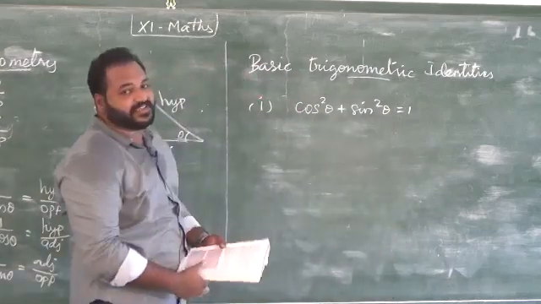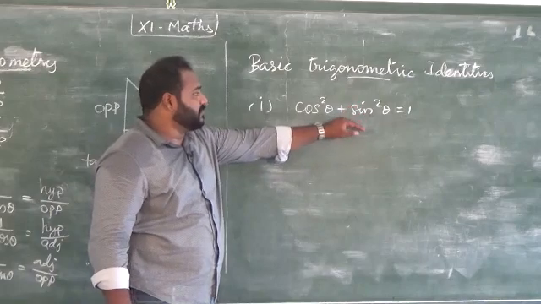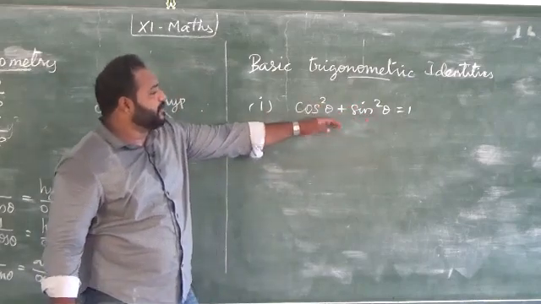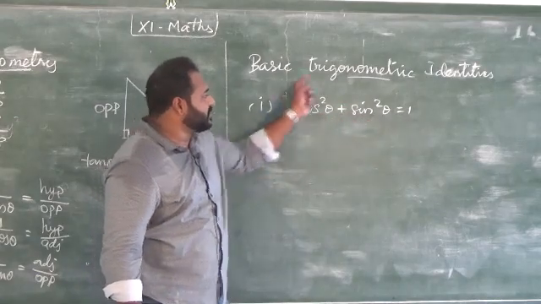This is the very first and very important identity, because we use it in so many places to solve problems.